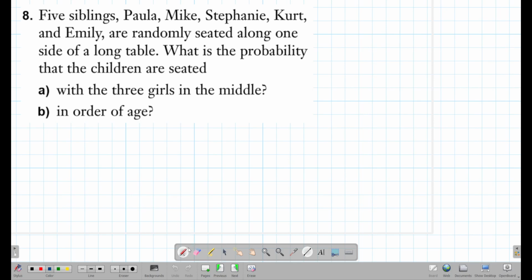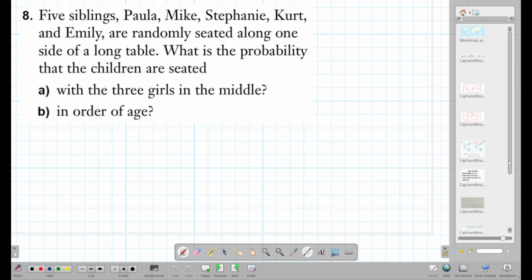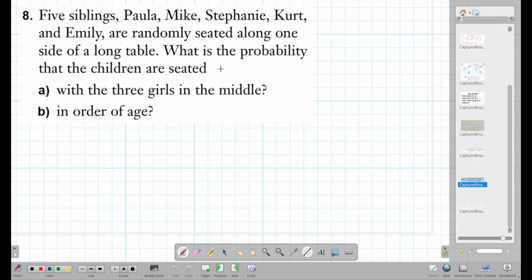When you read this question, you get the sense that it's a counting question, because we're thinking about the positions at the table and putting people in those seats.